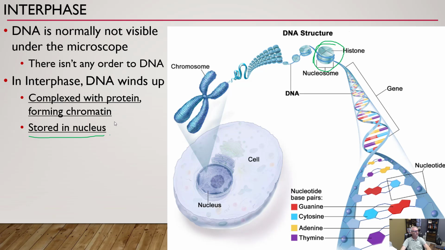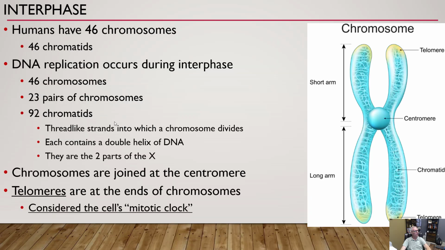And also in interphase, that's where we replicate our DNA. All right, so humans have 46 chromosomes. And we also have these things called chromatids.